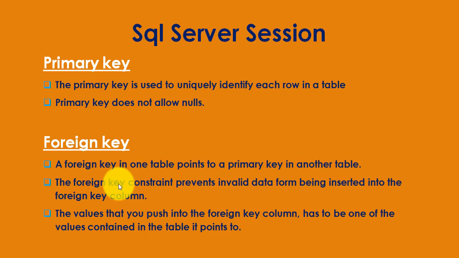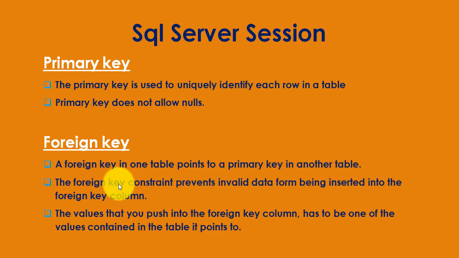If you go for any real-time project, you'll definitely see the primary key used for the ID of the tables, which is auto-incremented. So the ID of each table is mentioned as the primary key, and the table column assigned as primary key does not allow nulls. So a primary key does not allow null values.